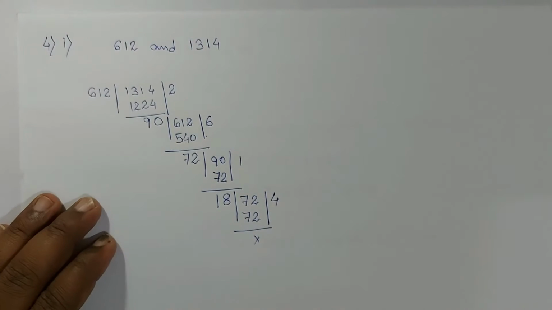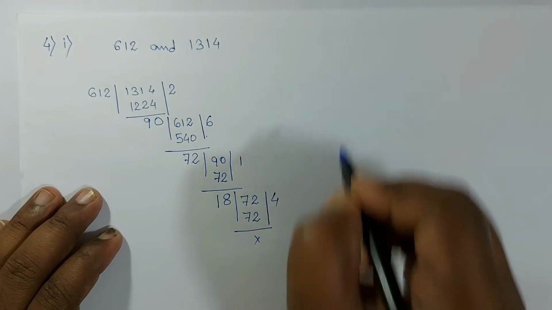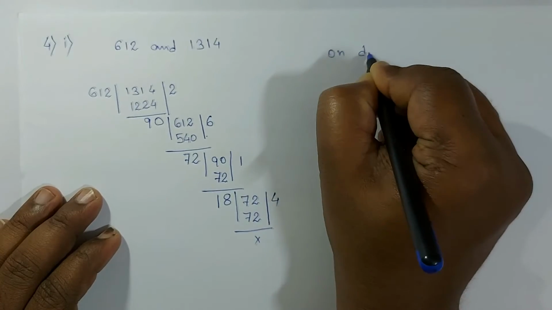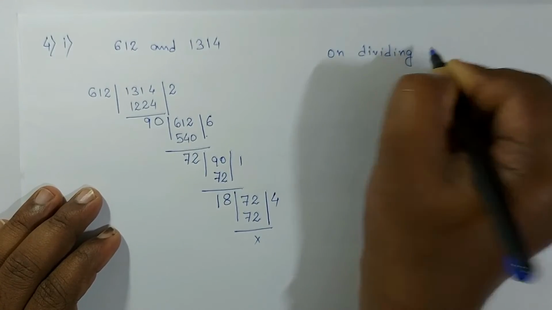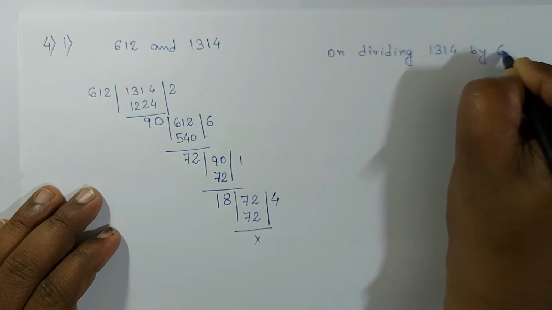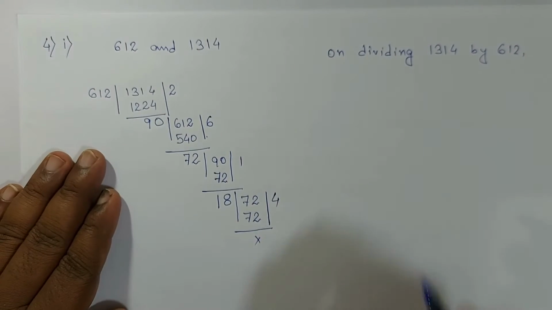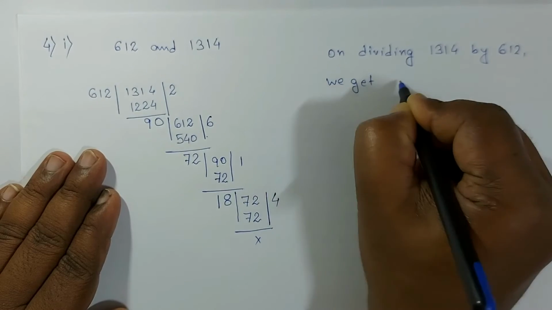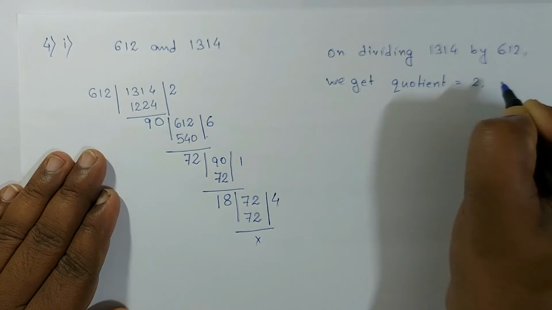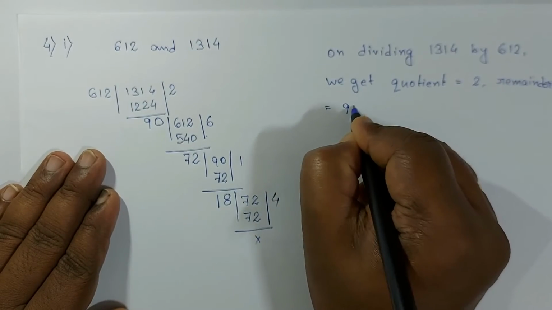Since the question says by using Euclid's division algorithm, we need to write here that on dividing 1314 by 612, we get quotient equals 2 and remainder equals 90.